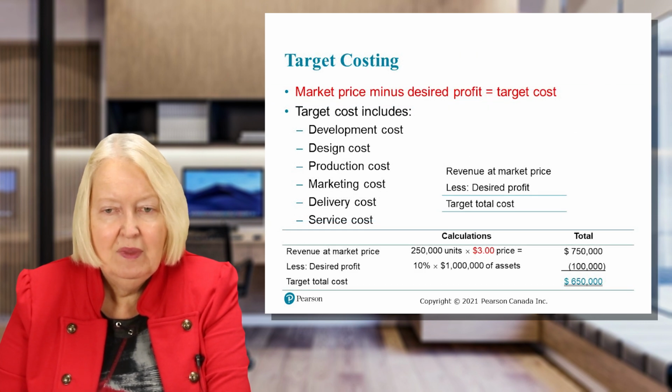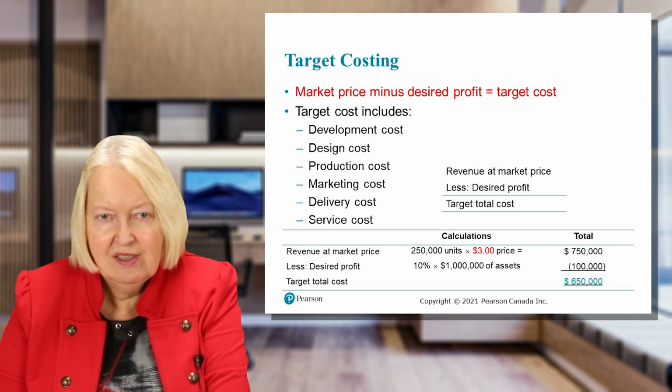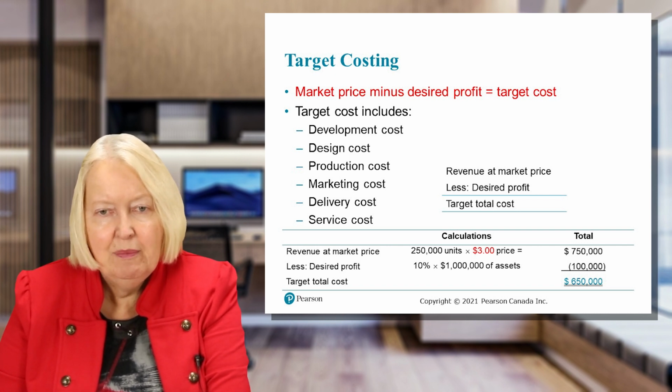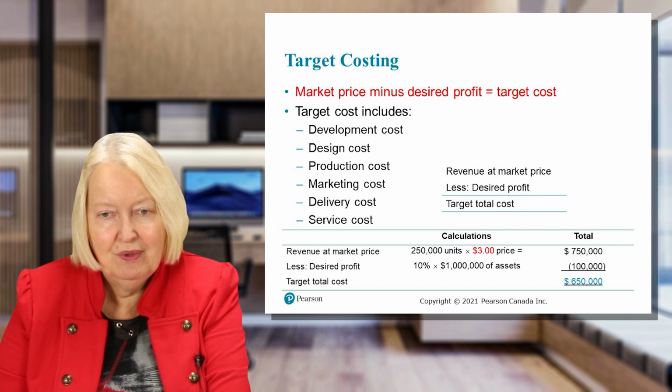So here, if you are a price taker, what happens here is you have to sell your product at the market price. So looking down here in the calculations section, if you're in a competitive market, you can't charge $3.20. You can only sell it for $3.